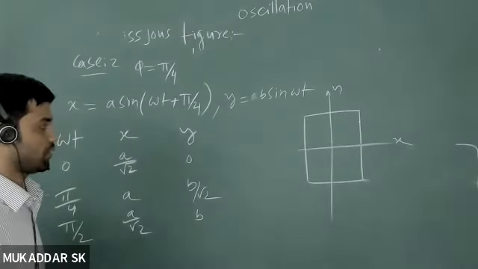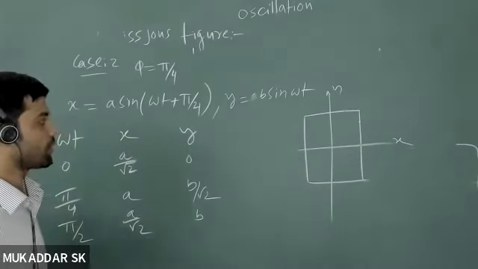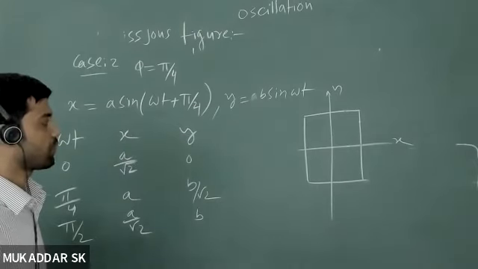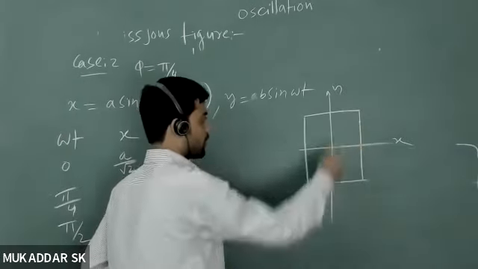That's why we are drawing it like this. You can ignore this box also, no problem. I am drawing this box just to show you the coordinates. So did you get this point? How is this point actually coming?